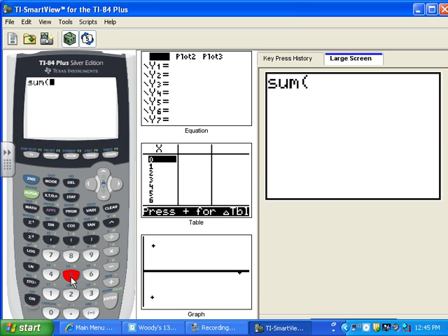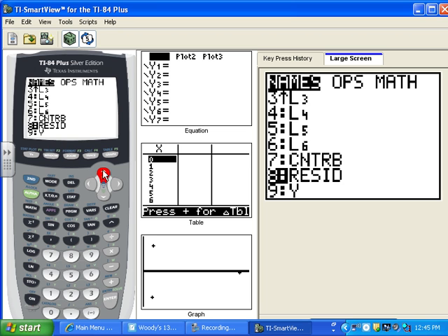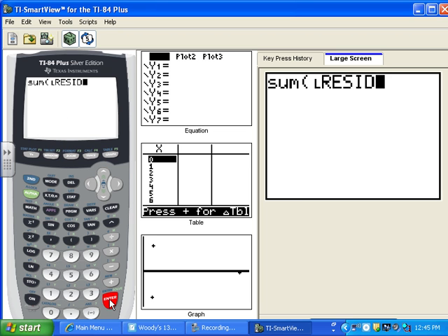I want to sum my residuals squared. And that says sum of the squares of the residuals. It's going to be a big number.